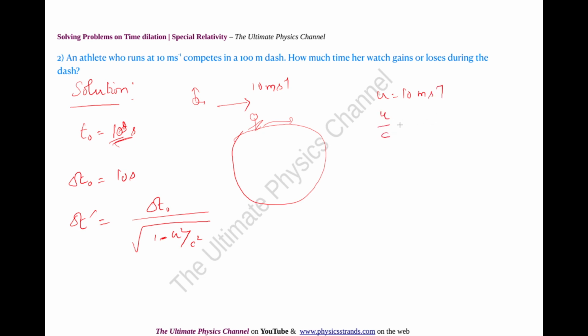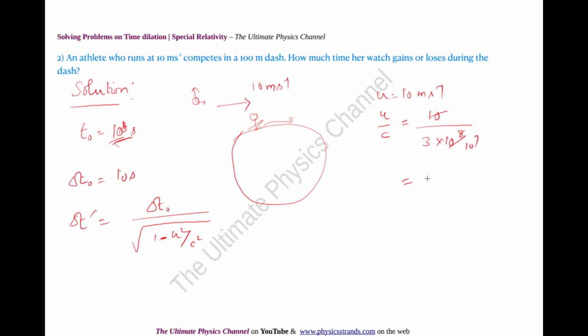But u over c, if you have to calculate, you can calculate by taking this one. It is 10 over 3 into 10 power 8. That is, this is 10 power 7.